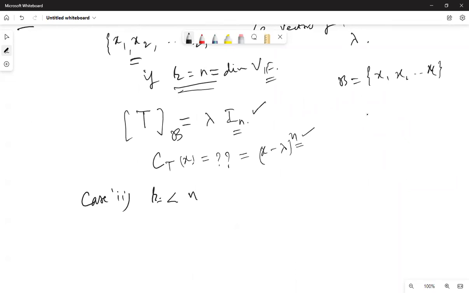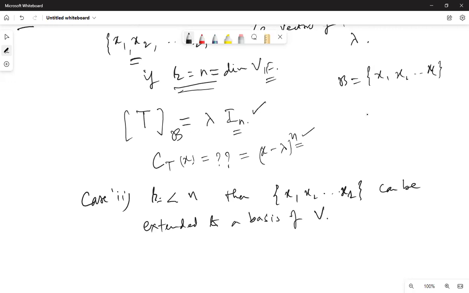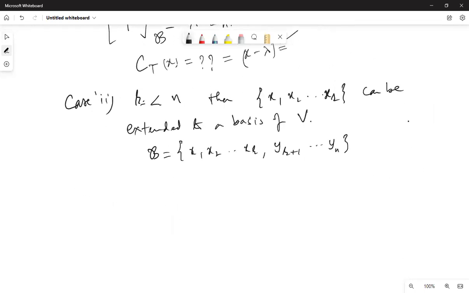Then x1, x2, ..., xr can be extended to a basis of V. If I take this basis x1, x2, ..., xr with y_{r+1} and so on up to n, what can you say about the matrix of T with respect to this basis?